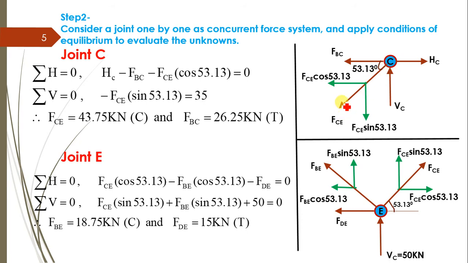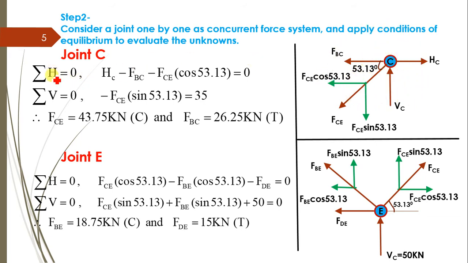The second member is FCE, an inclined member, so it is resolved into horizontal and vertical components: the horizontal component is FCE cos 53.13 and the vertical component is FCE sin 53.13, as the angle is made with respect to the x-axis.